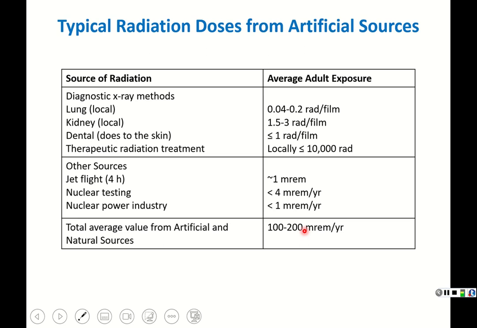Right, what about outside sources that you can control exposure to? Things like medical sources like X-rays, the values here are given in rad instead of rem, which makes it kind of hard to compare. Other sources: if you go on a flight, that's about 1 millirem for a 4-hour flight.